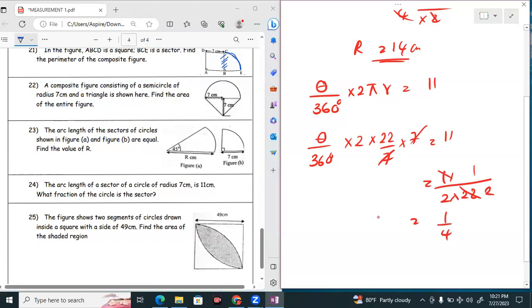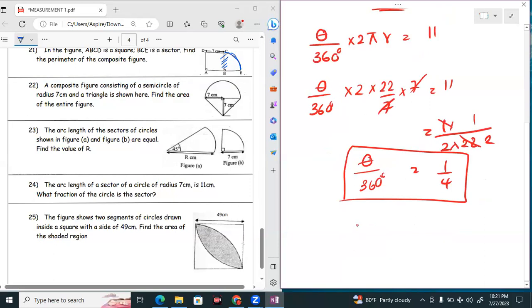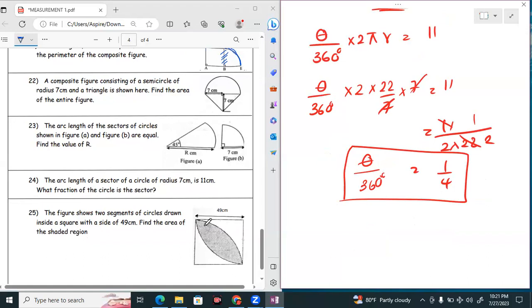It is 1/4. That means we obtain the answer theta upon 360 as 1/4. That means you have to write that the fraction of the circle that is the sector is 1/4. Okay. Have you finished with the 25th question?